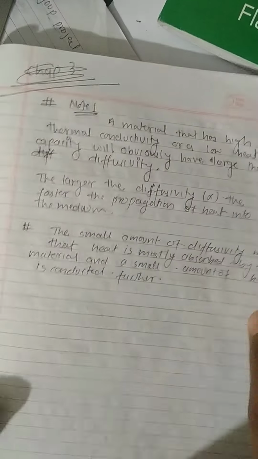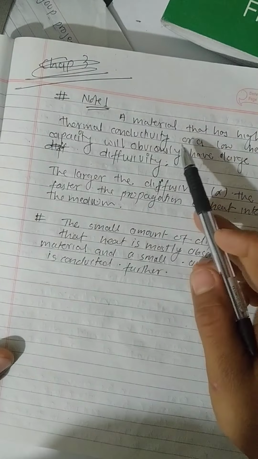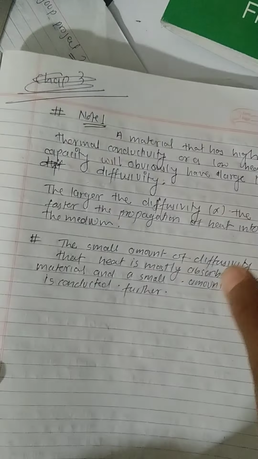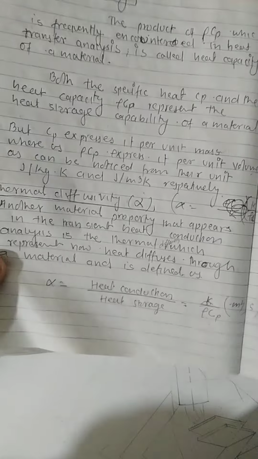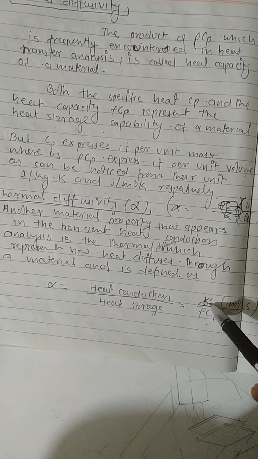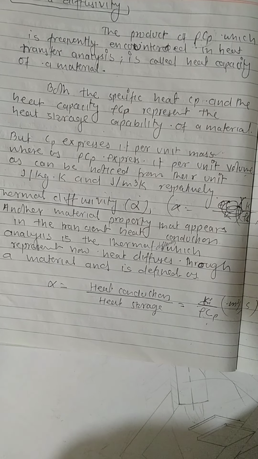Now let me talk about the notes, guys. Note 1: a material that has a high thermal conductivity, meaning high heat conduction, or a low heat capacity, meaning low storage, what will happen?